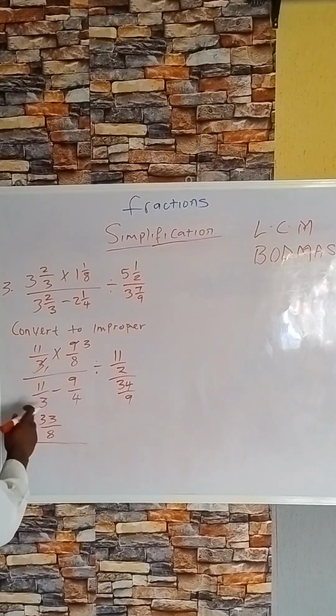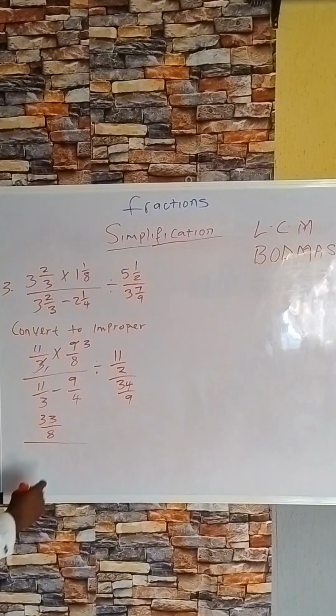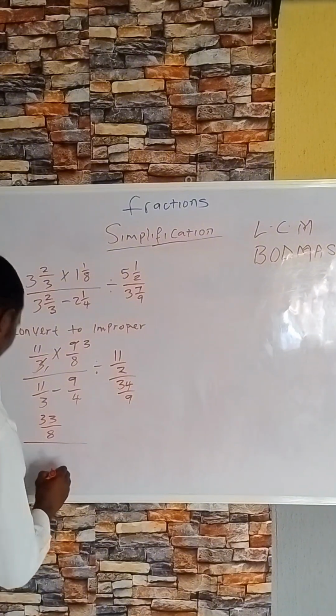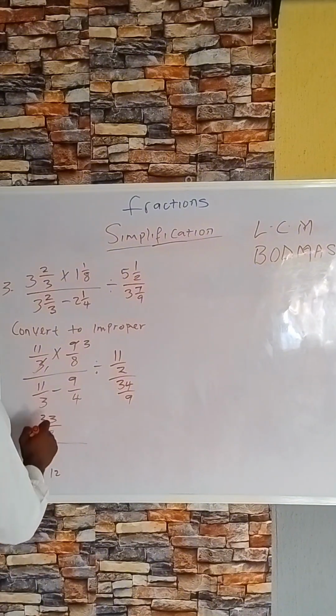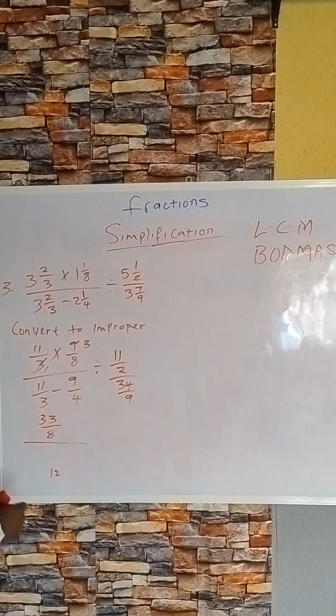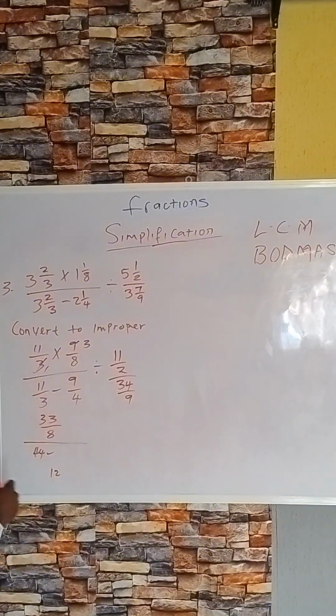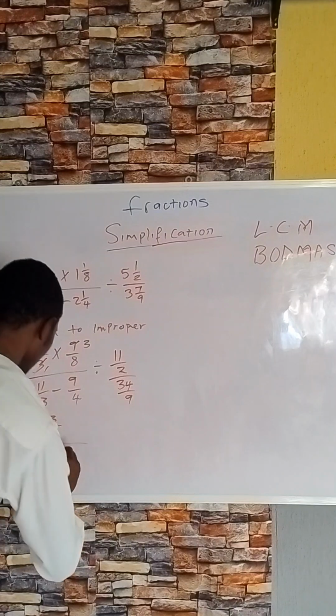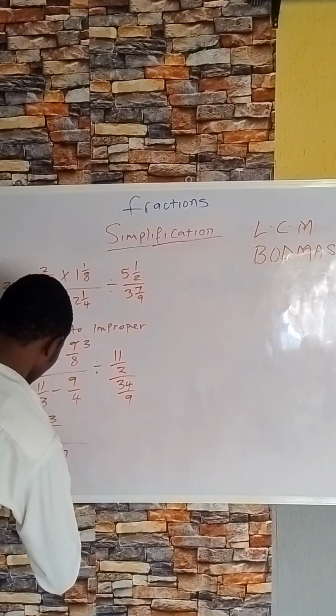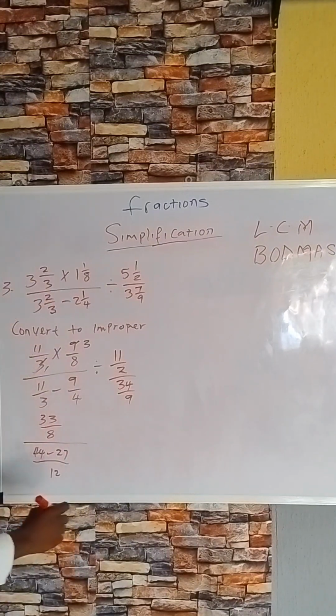The LCM of both of these denominators is 12. So let's add our 12 here. So 3 into 12 will give us 4. 11 times 4 is 44. 44 minus. So 4 into 12 will give us 3. 3 times 9 is 27. Minus 27 over.